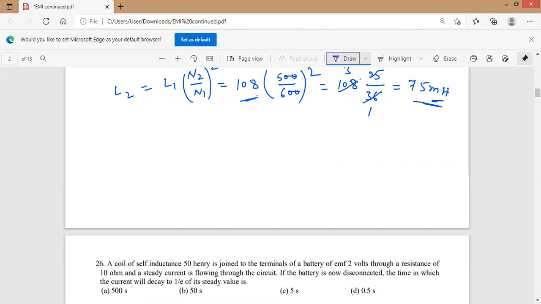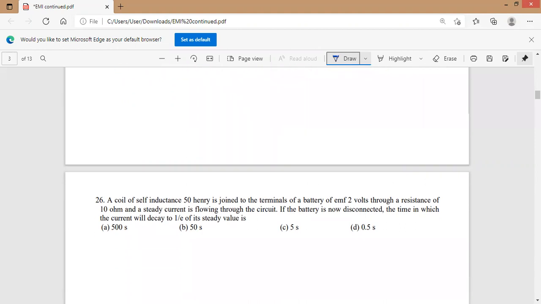So here, when the battery is disconnected, the current will decay. So we know that the expression directly we can take, they are asking time constant. The time constant tau is equal to L by R.